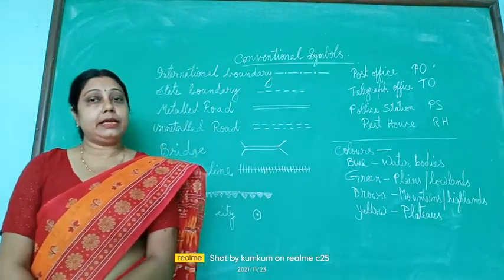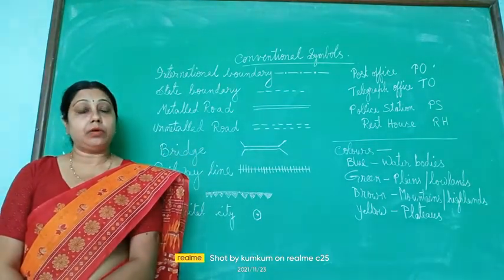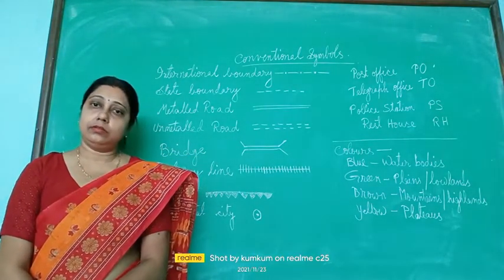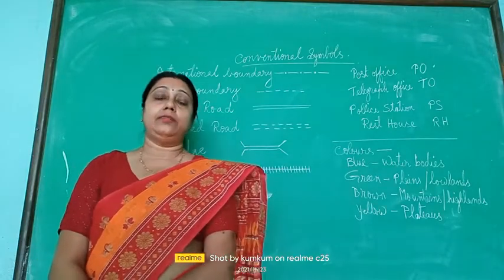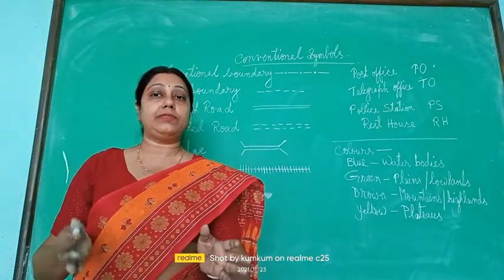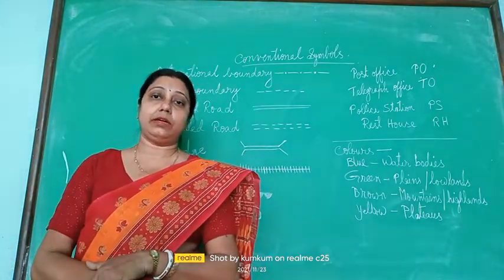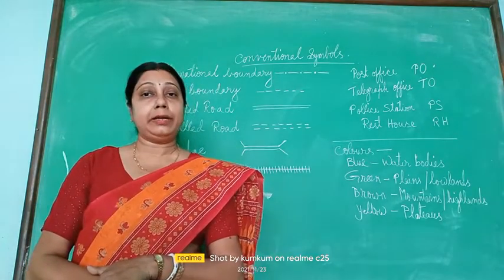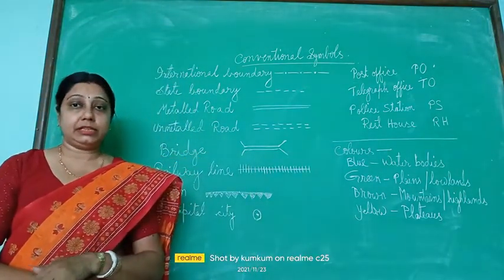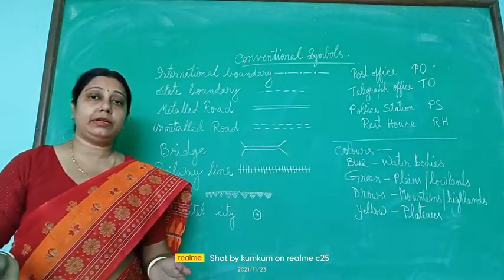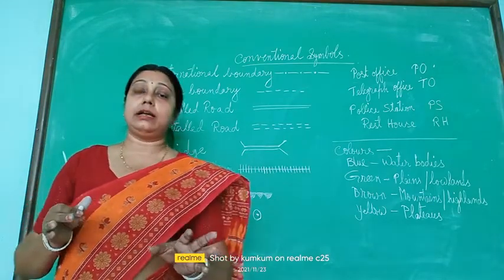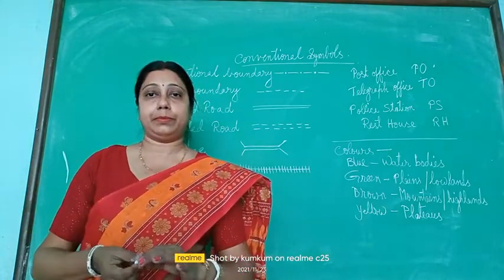Physical maps point out the mountains, all the rivers, and all the physical features of our world. And thematic maps show vegetation, crops growing wherever the place, those things.